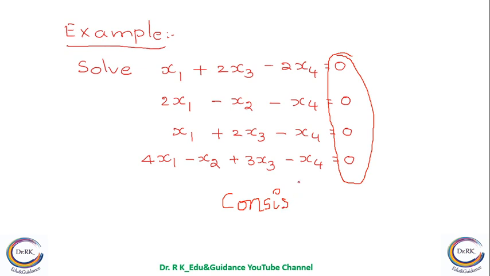Why is it consistent? It always carries a solution which is x equal to 0, y equal to 0, z equal to 0, or x1 equal to x2 equal to x3 equal to x4 equal to 0. So it is always consistent with the trivial solution or zero solution. The only thing we are trying to find is whether there is any other bonus solution, extra solution, a non-trivial solution. Okay.